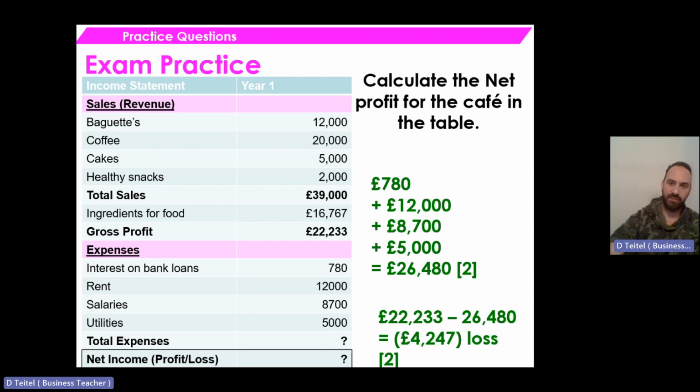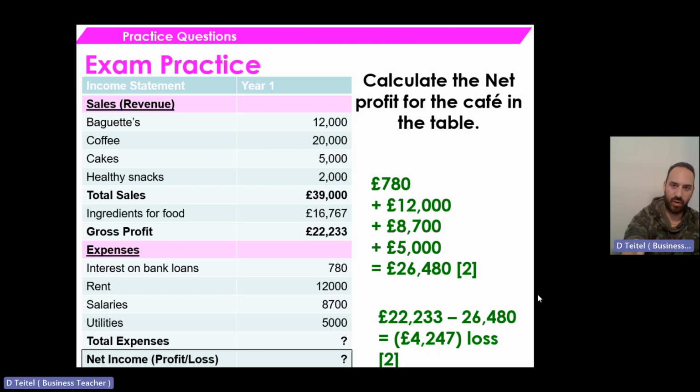Now, the next one, to calculate the net profit of the cafe in the table. We had 2 figures that we needed to work out here. So if we take our 780 plus 12,000 plus 8,700 plus 5,000 equals, our total expenses were £26,480.